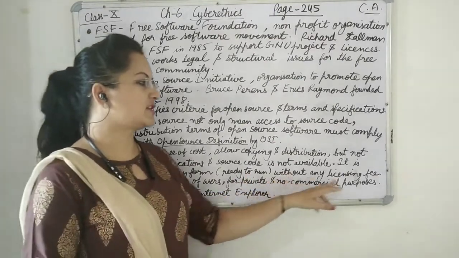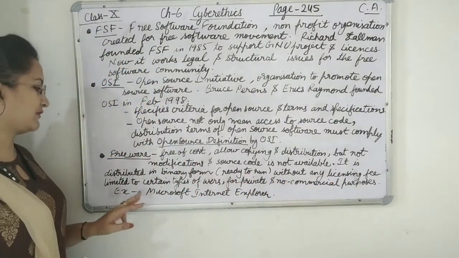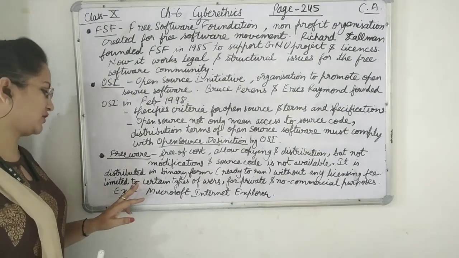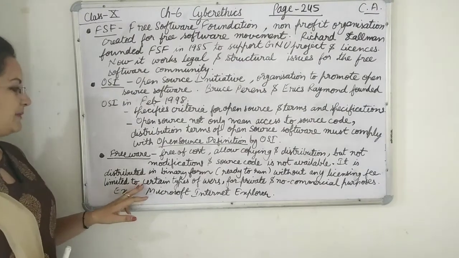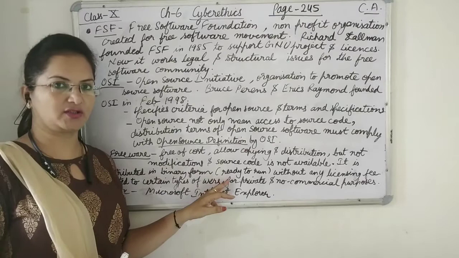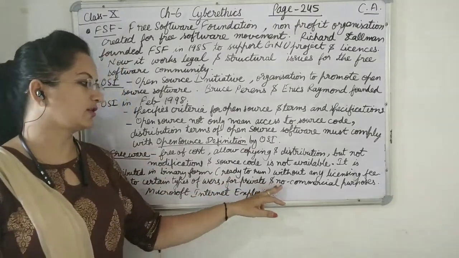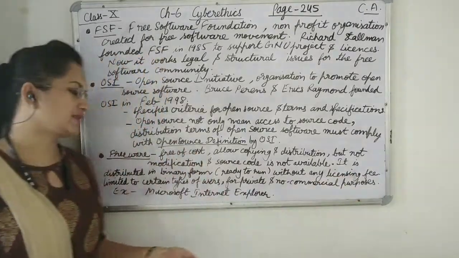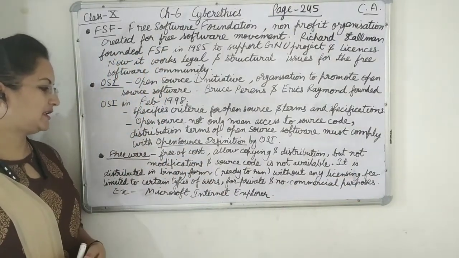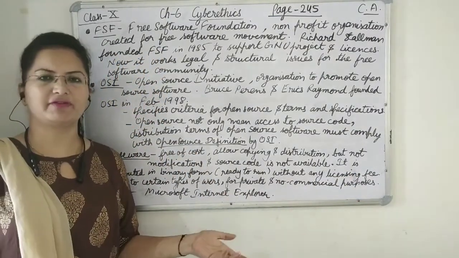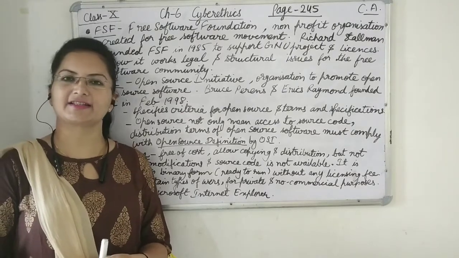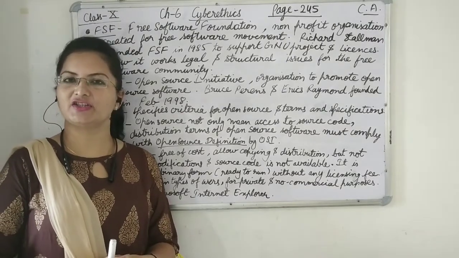There is no license fee at all for this software. It is freely available, but the code is not available. Here it is limited to certain types of users, so there is a limitation that it can be used for a private or non-commercial purpose, etc. For example, we can see Microsoft Internet Explorer. Many freeware are available over the internet. They can be downloaded and used freely.